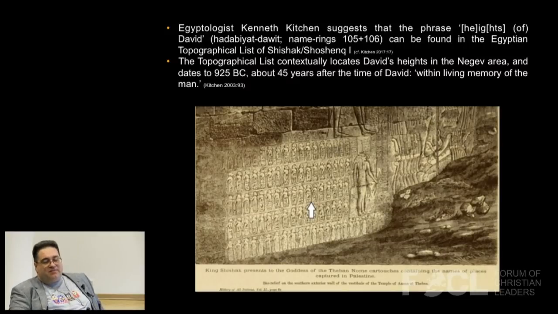Egyptologist Kenneth Kitchen thinks that there's an Egyptian inscription that mentions a place that he thinks should be understood as the Heights of David in an Egyptian topographical list about these campaigns, Egyptian campaigns into this territory. And he thinks that one of the campaign lists a place called the Heights of David, which would be plausibly another reference to David and the Davidic kingdom.